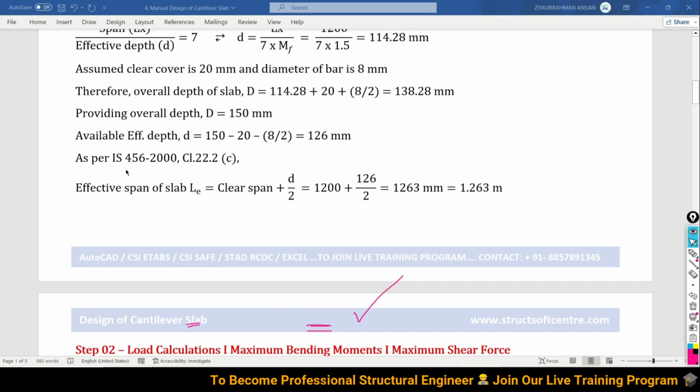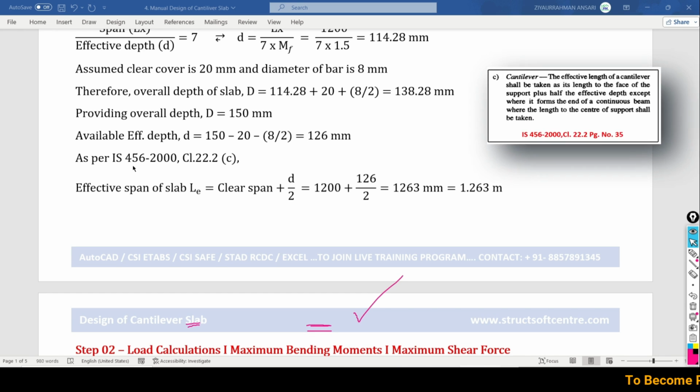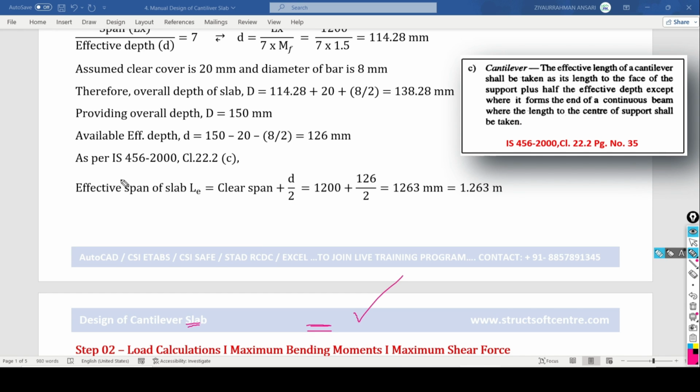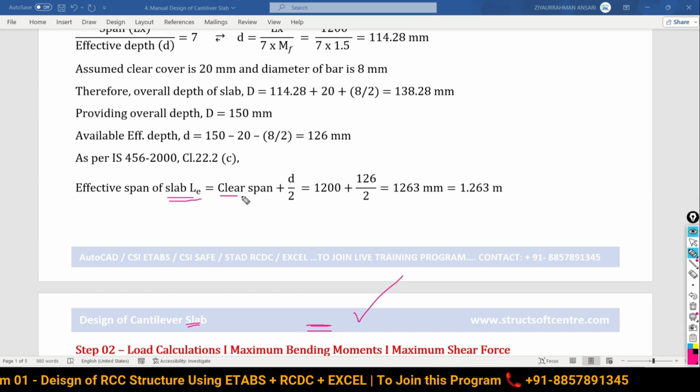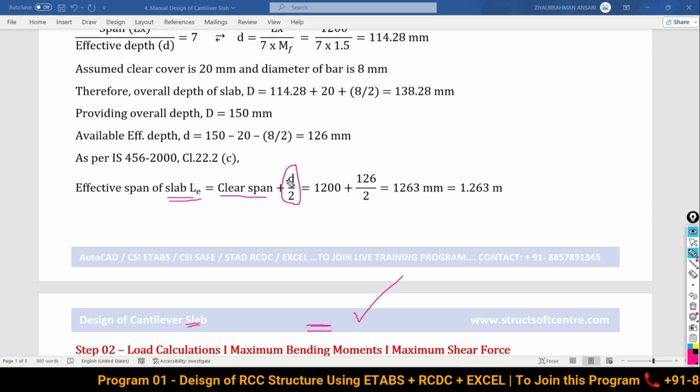Next, as per IS 456-2000 clause number 22.2 C, it is recommended how to calculate the effective span of the cantilever type of slab. For calculating the effective span of the cantilever slab, you need to add two values: one is your clear span plus half of your effective depth.